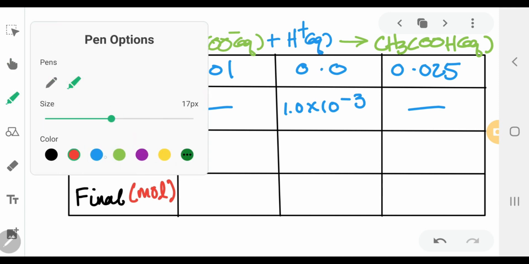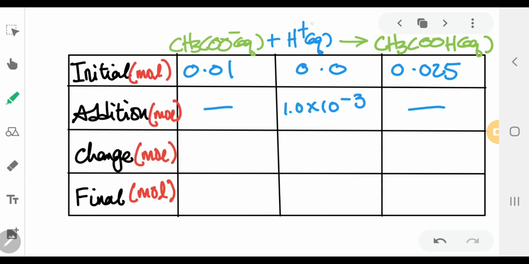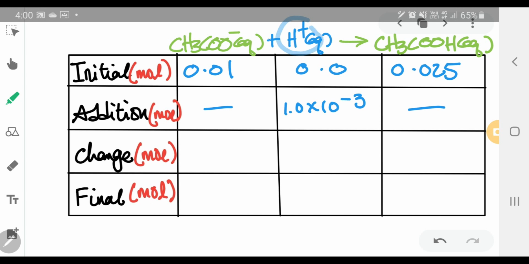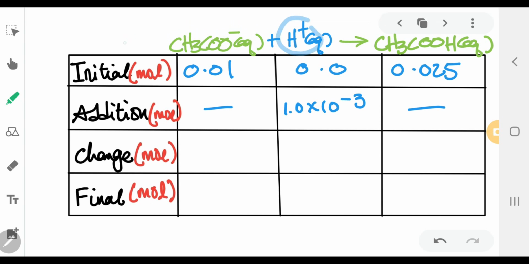Remember, that one is from the HCl added. So this is the addition.